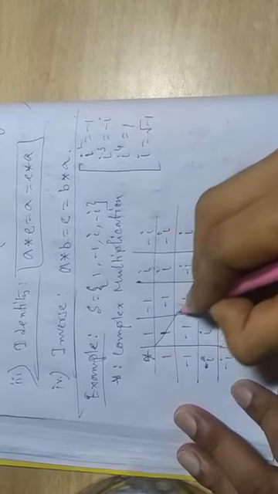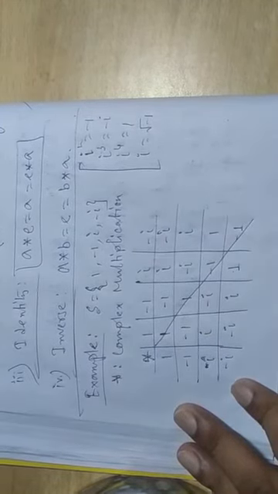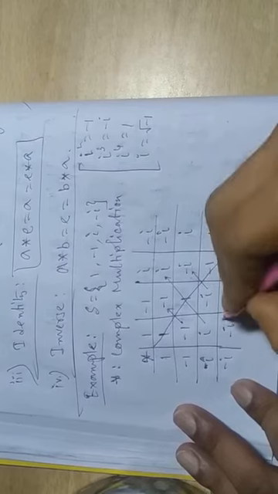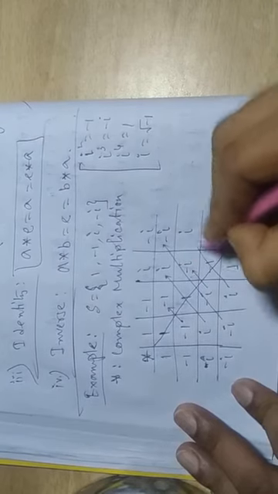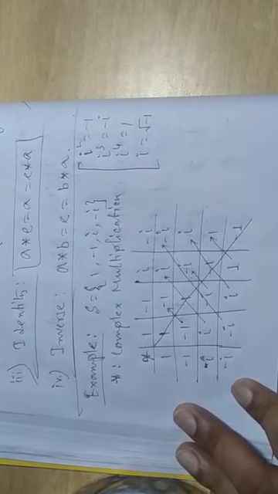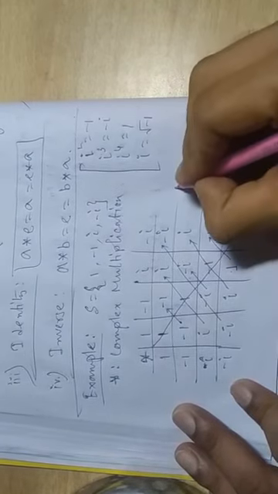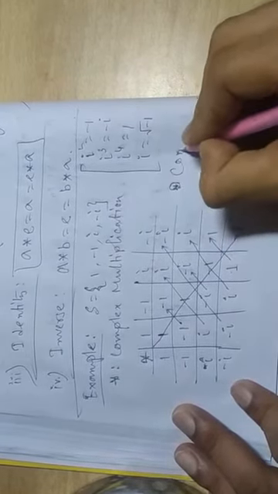So draw the diagonal. Now see, this table is symmetric about the diagonal. Is it clear? So the table is commutative. So number 1, it is commutative.